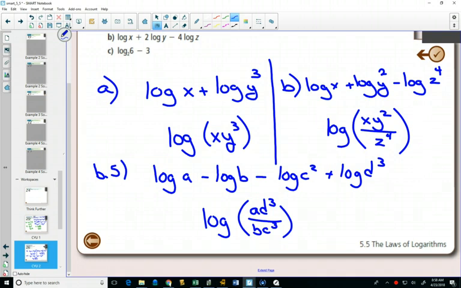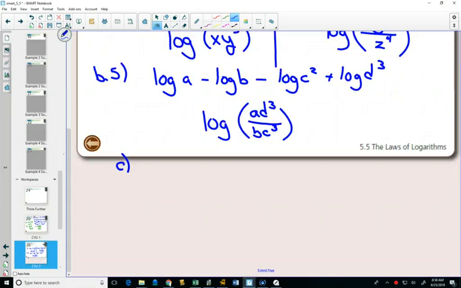And now when we get to part C, we have log base 2 of 6 minus 3, and we run into a problem. Because how do we combine these into a single logarithm when one is a logarithm and one is a number? And so what we have to do here is say, well, I'm able to subtract and combine logarithms if they're the same base.